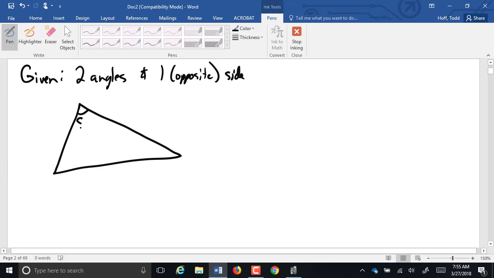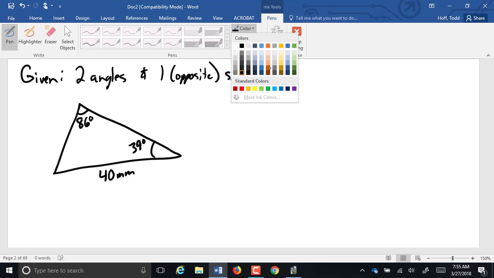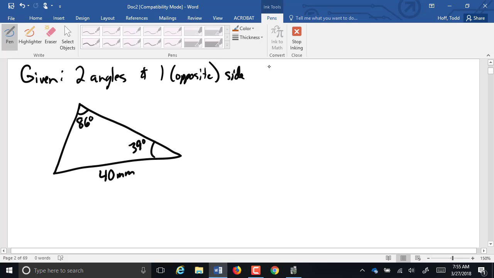So let's say this angle here is 86 degrees. This angle here, we're going to put it 39 degrees. Now I'm going to put this side down here at 40 millimeters. The units on the 40 really don't matter. All that means is all the other lengths are going to be in millimeters as well.